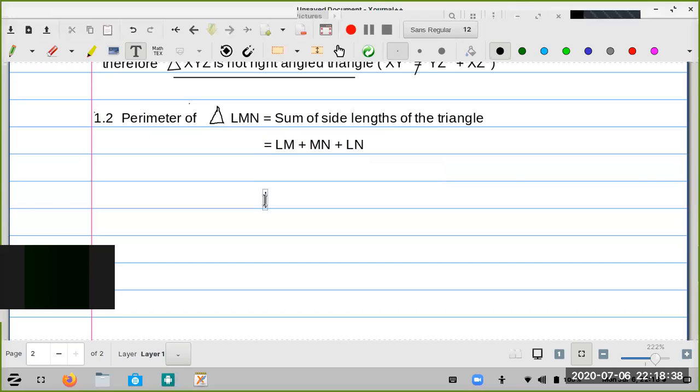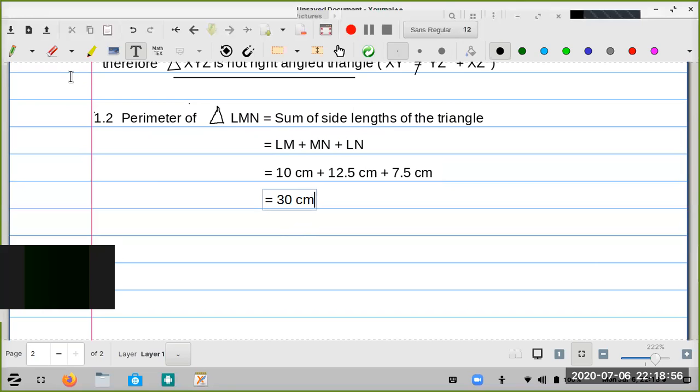So when you add the three, 10 plus 12.5 gives you 22.5. 22.5 plus 7.5 becomes 30 centimeters. So that's the perimeter there.